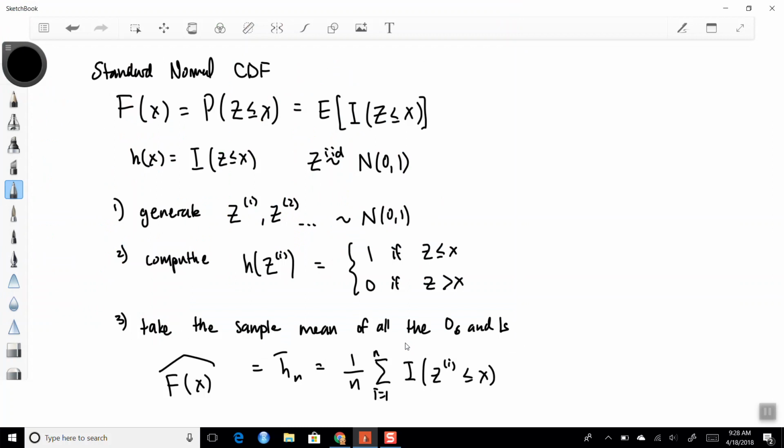It's going to be like 99 point something percent, and that's our estimate of the CDF. So here's a method for getting what we need by Monte Carlo integration.